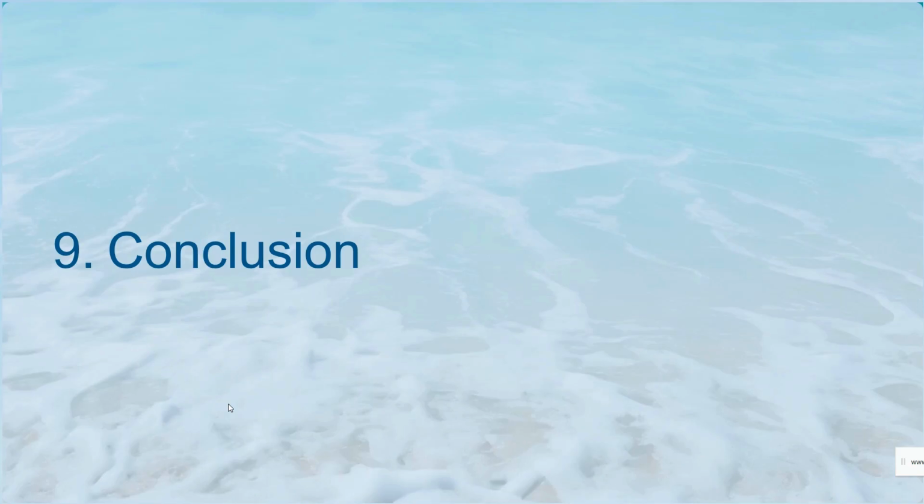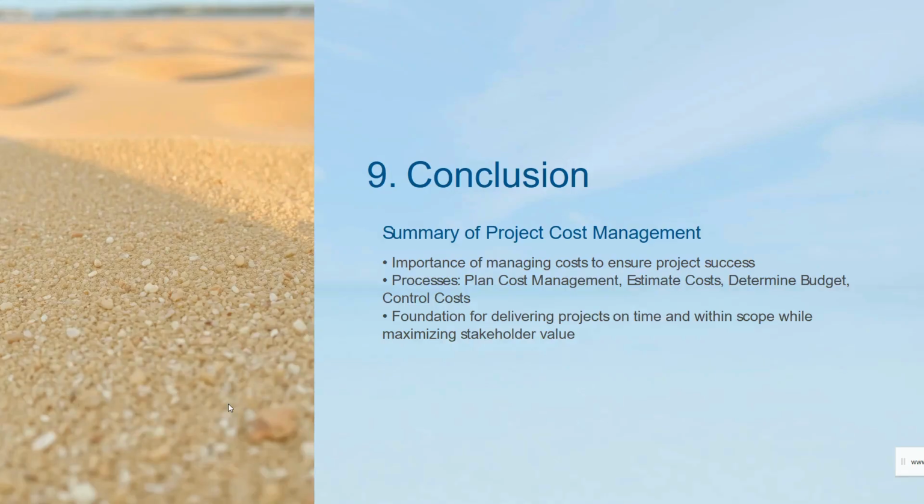In the last, we have the conclusion. Conclusion: summary of project cost management, importance of managing cost to ensure project success. Project cost management is an important process in ensuring that a project is completed successfully without exceeding its financial constraints.